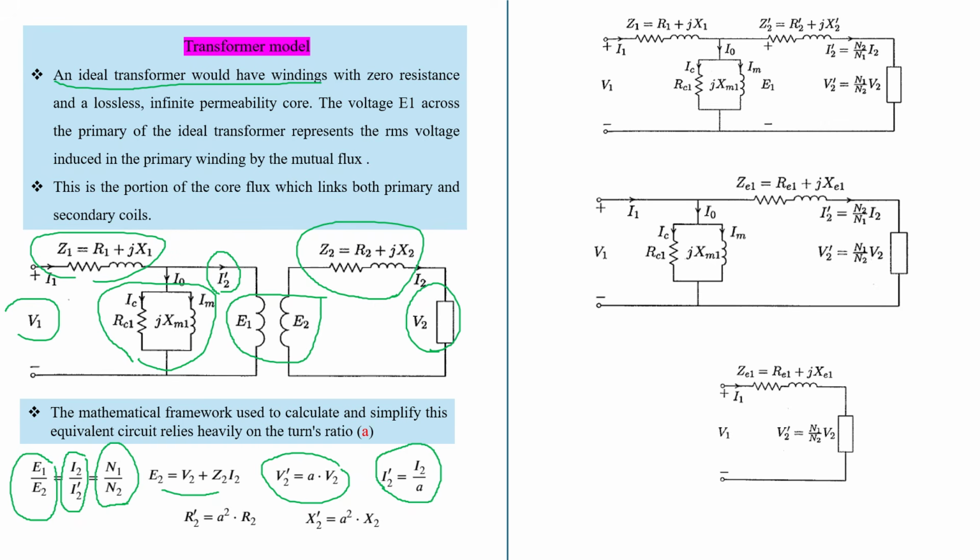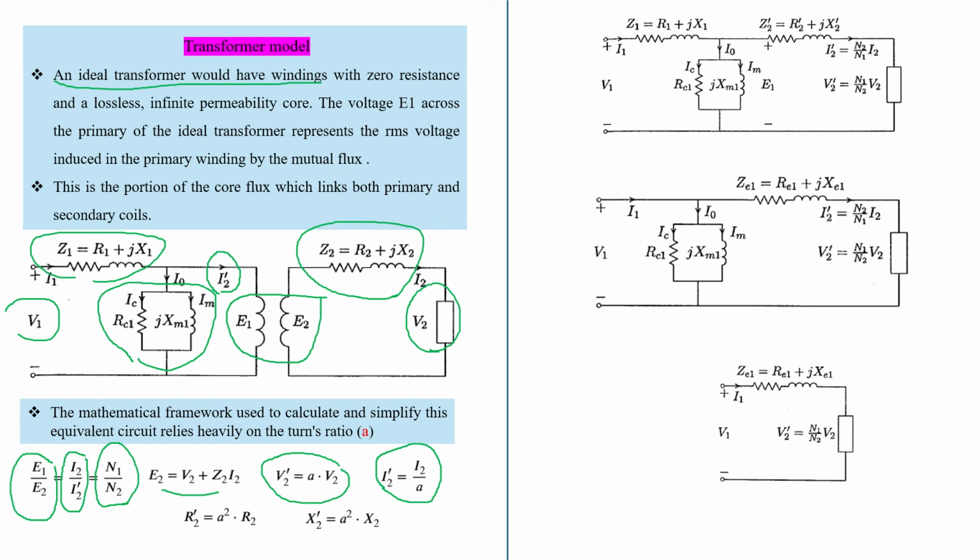If the ratio of N1 to N2 is a, the impedance is obtained by using (N1 over N2) squared times the impedance on the secondary side. The same relation can be used to refer impedance from primary to secondary.